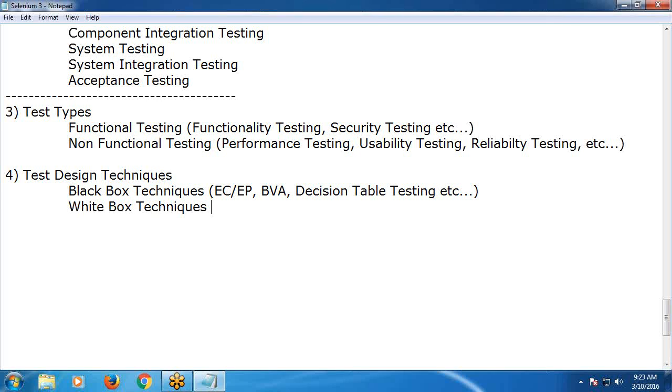What is exhaustive testing, Smita? Exhaustive testing is impractical. Covering all preconditions is not possible now.